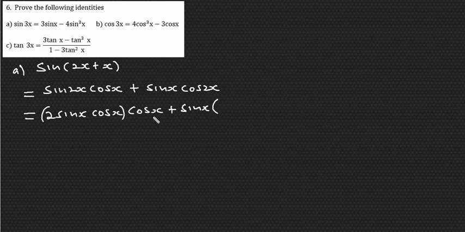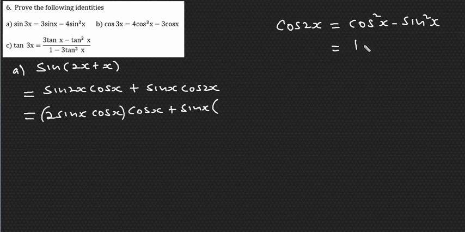Now we have a cos 2x, but remember cos 2x is equal to cos squared x minus sine squared x. It is also the same as 1 minus 2 sine squared x. It is also the same as 2 cos squared x minus 1.